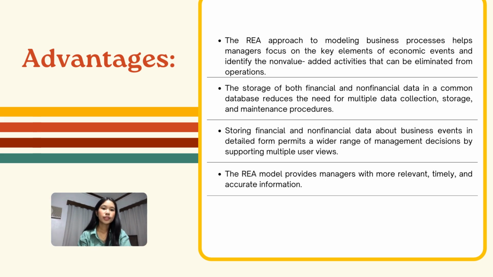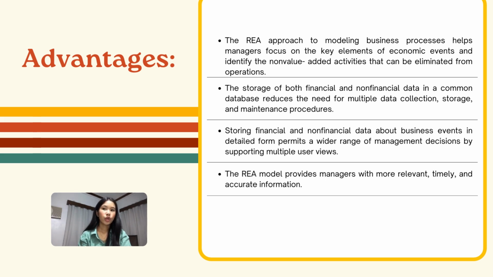First, the REA approach to modeling business processes helps managers focus on the key elements of economic events and identify the non-value added activities that can be eliminated from operations. It also improves the operational efficiency of individual departments, thus generating excess capacity that can be redirected to increase the overall productivity of the firm.